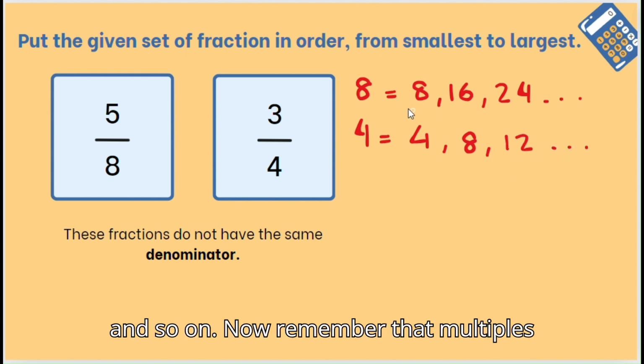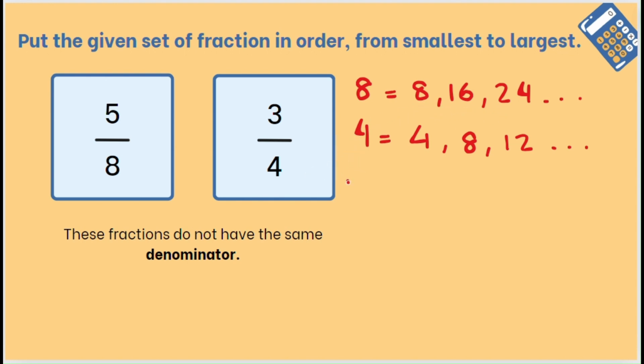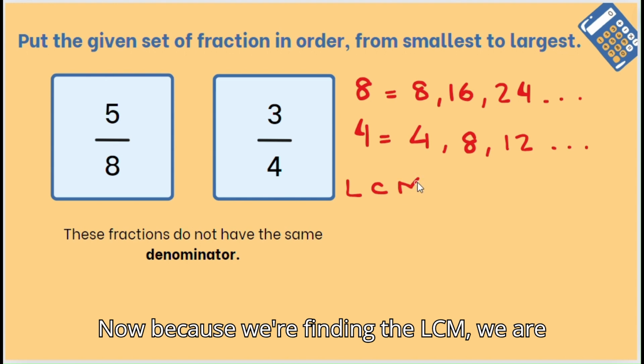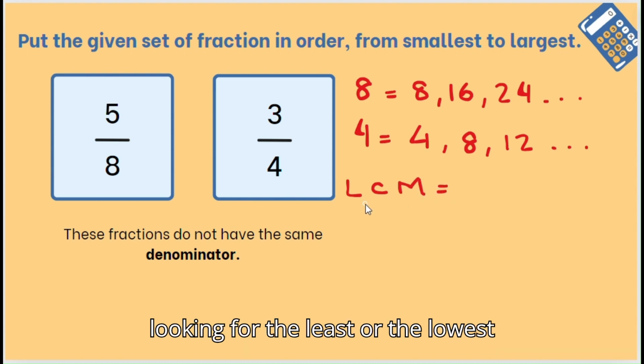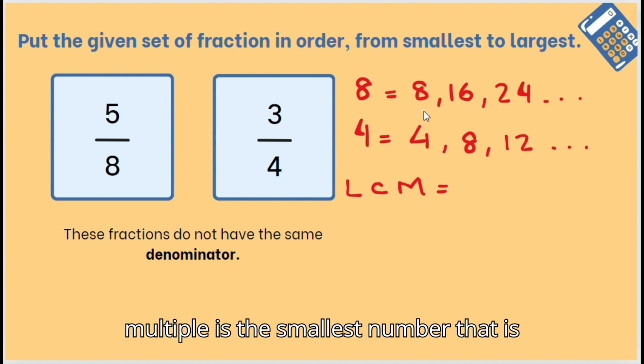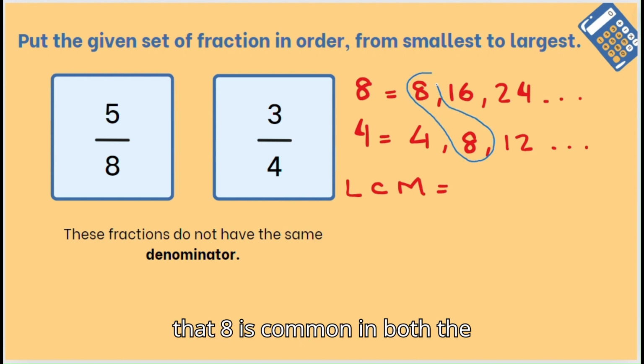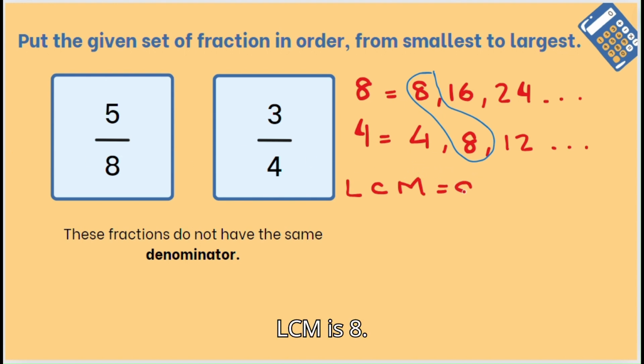Now remember that multiples are only the times table for that number. Because we're finding the LCM, we are looking for the least or the lowest common multiple, which is the smallest number that is common in both the numbers. So we can see that 8 is common in both the numbers. So that means our LCM is 8.